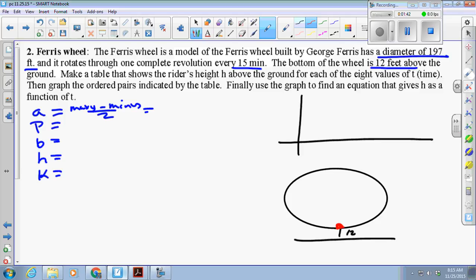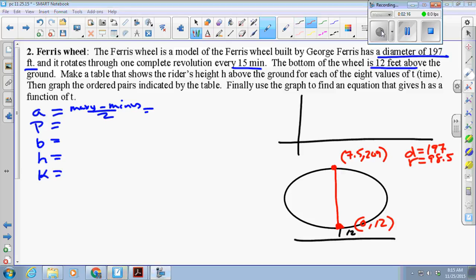So this point right here becomes (0, 12). If we go all the way to the top, that ordered pair now is 197 plus 12 at 7.5 minutes. So 209. Diameter we said was 197. Radius therefore is half that, 98.5. We'll see if that comes into play at all.